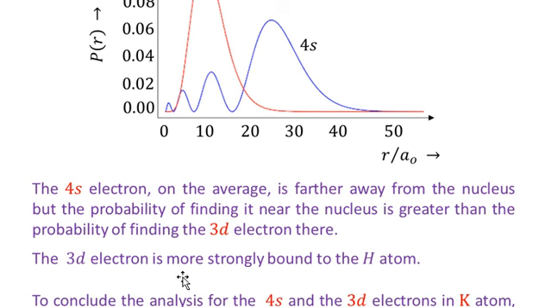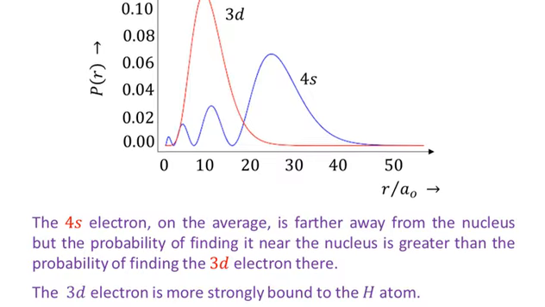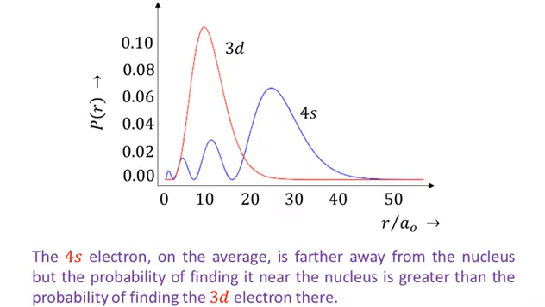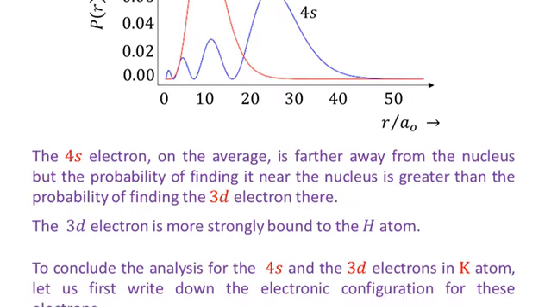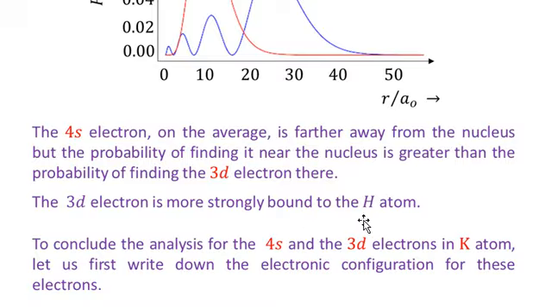The 3d electron is more strongly bound to the hydrogen atom on average, because it has a higher peak in comparison with the peak of the 4s electron. So on this basis, we can say that the 3d electron is more strongly bound to the hydrogen atom.